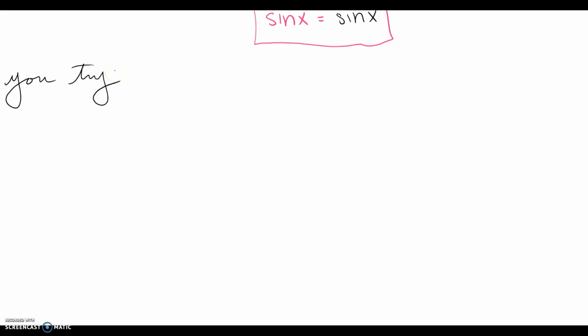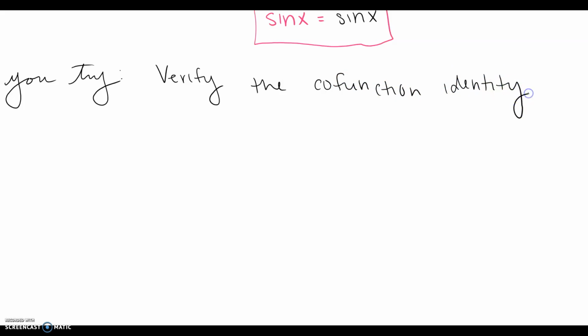Please try to do this problem. Verify the cofunction identity: cosecant of pi over 2 minus theta equals secant of theta.